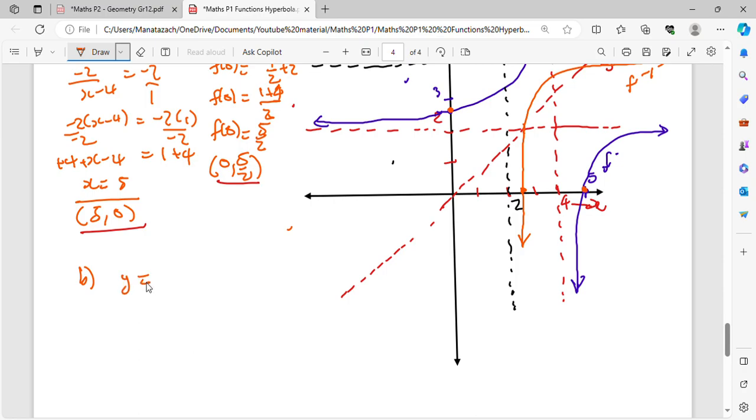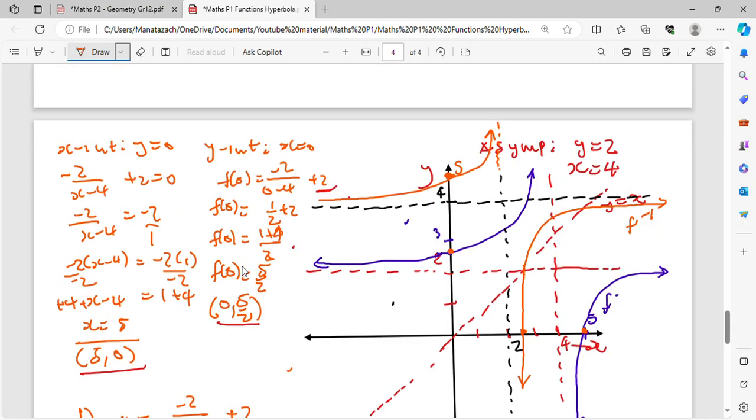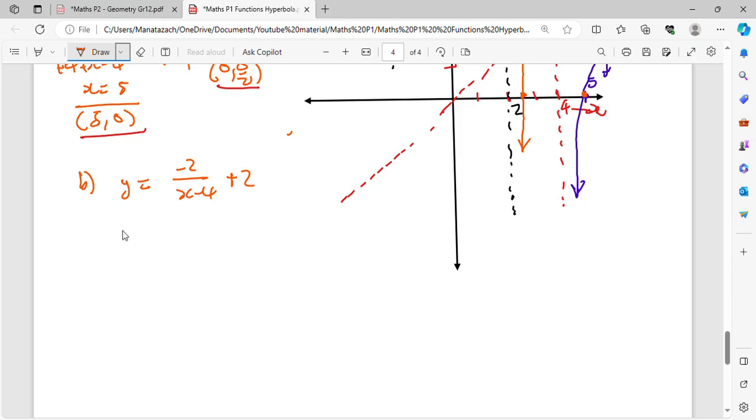Remember, our original function for f is minus 2 over x minus 4, plus 2. Right? Yeah, that's correct. And then we'll start by swapping x and y, and then you solve for y. Here, subtract 2 from both sides, then you have x minus 2 is equal to minus 2 over y minus 4.